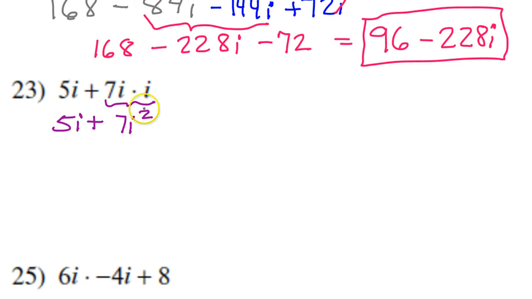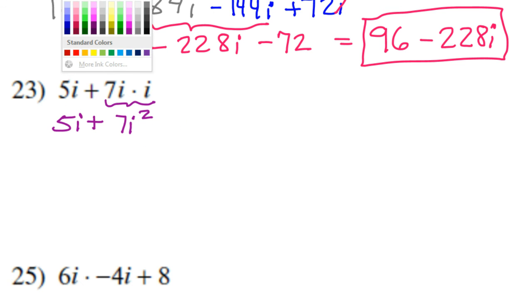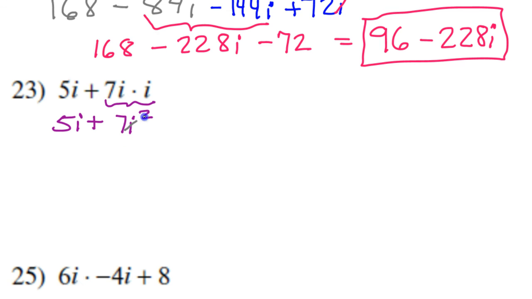Now, you know that i squared is -1. So that's going to make this into 5i minus 7. And really we just need to switch these around because the i term has to come second. So that's just going to give us -7 plus 5i.